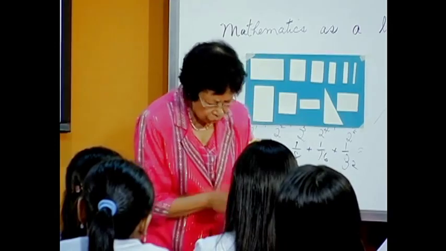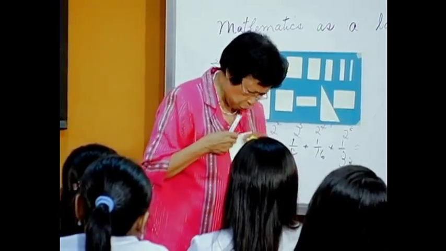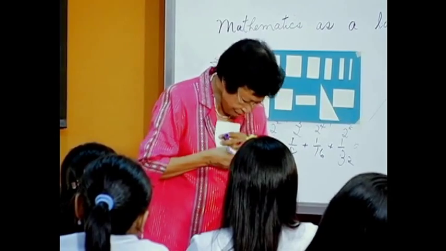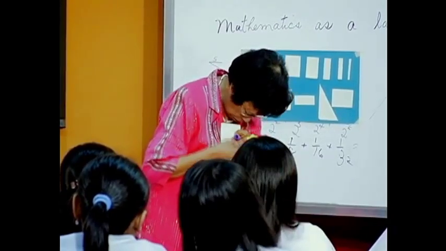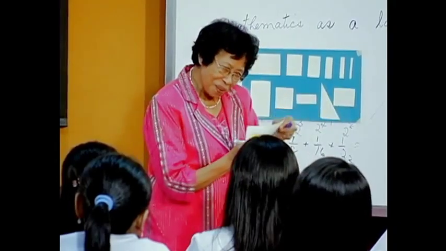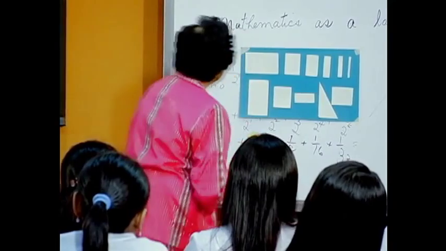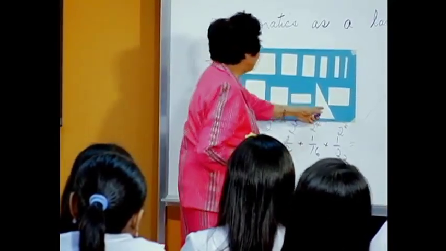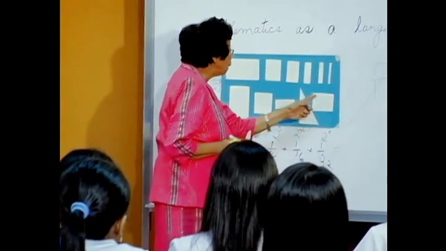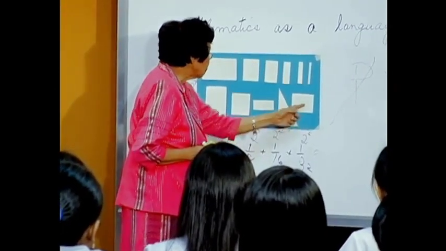I am going to look at this and I'm going to draw, right? So what fraction is this? Still 1/2. Would you agree that this is 1/2 of this one? Yes. About what part of it is this?